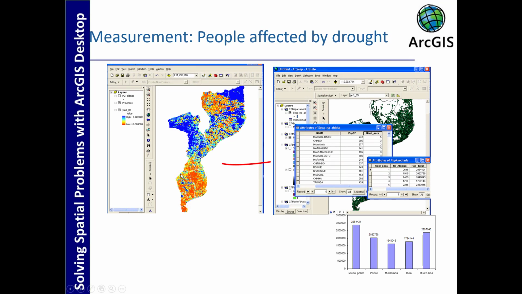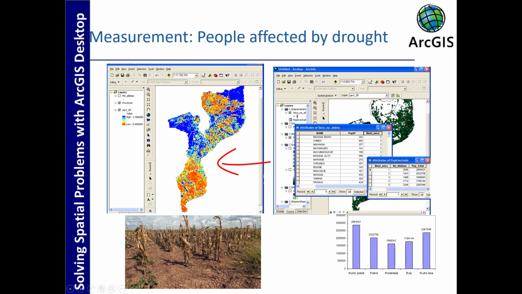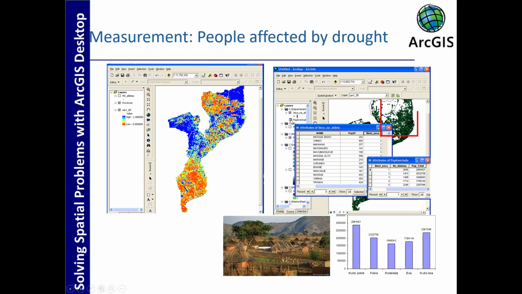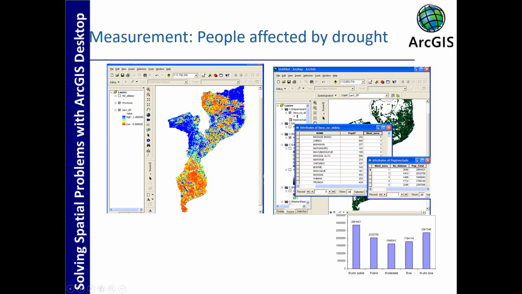This is Mozambique. This map presents the drought. The red areas are areas with a problem of drought, and the blue areas are without drought. Because GIS uses overlay information, I can use the settlement data belonging to Mozambique and overlay it inside this map. So what will happen?